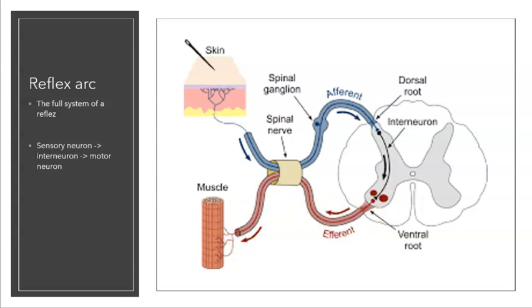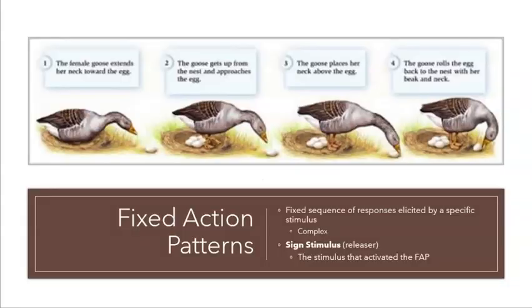Now, the second type of elicited behavior would, of course, be the fixed action pattern. A fixed action pattern is a fixed sequence of responses that are elicited by a specific stimulus. Now, this is a lot more complex than just a simple reflex. This image I've got here is going to look very similar to what we talked about in chapter 2, I believe, where we talked about how to describe behaviors.